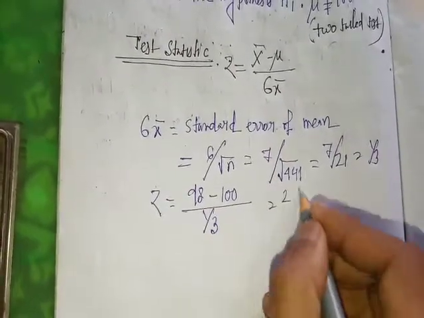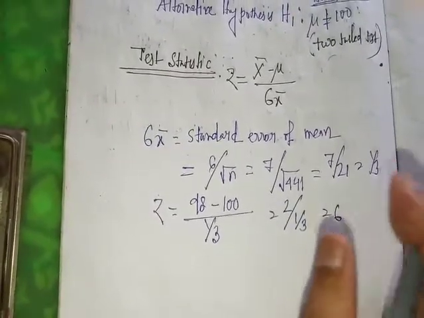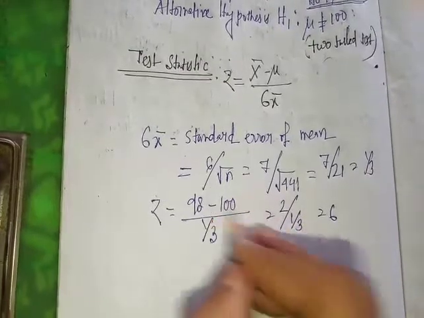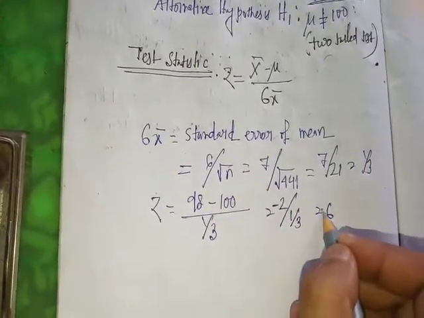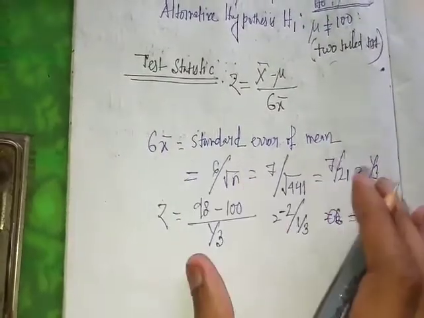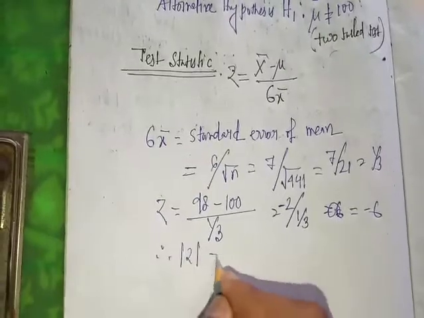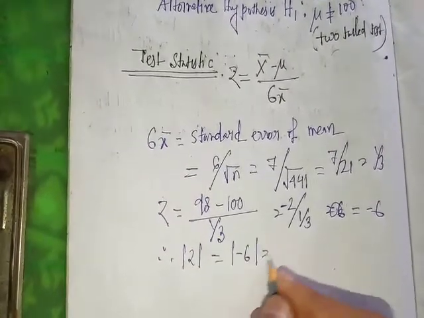So that is 2 by 1/3, that is 6. Sorry, this is minus 2, so minus 6. Therefore mod z equal to mod of minus 6, which is 6.